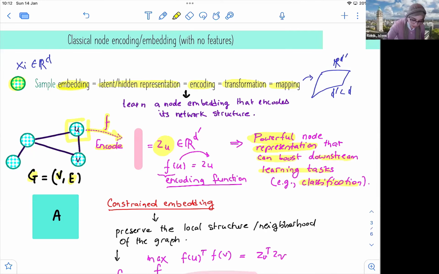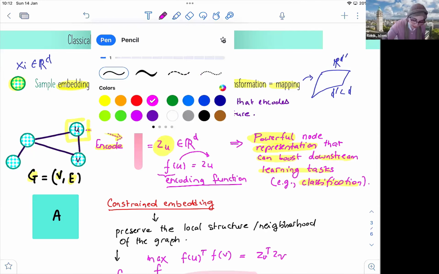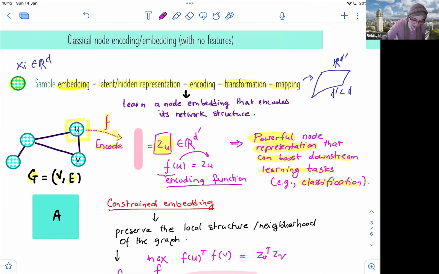So all of these could potentially be improved by this embedding. So this is so important. This representation is vital to many learning tasks.